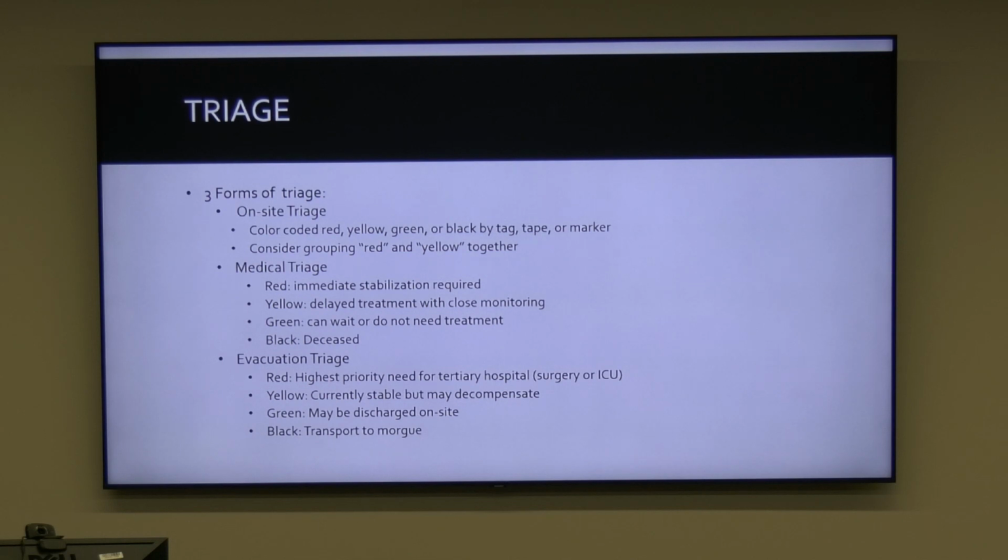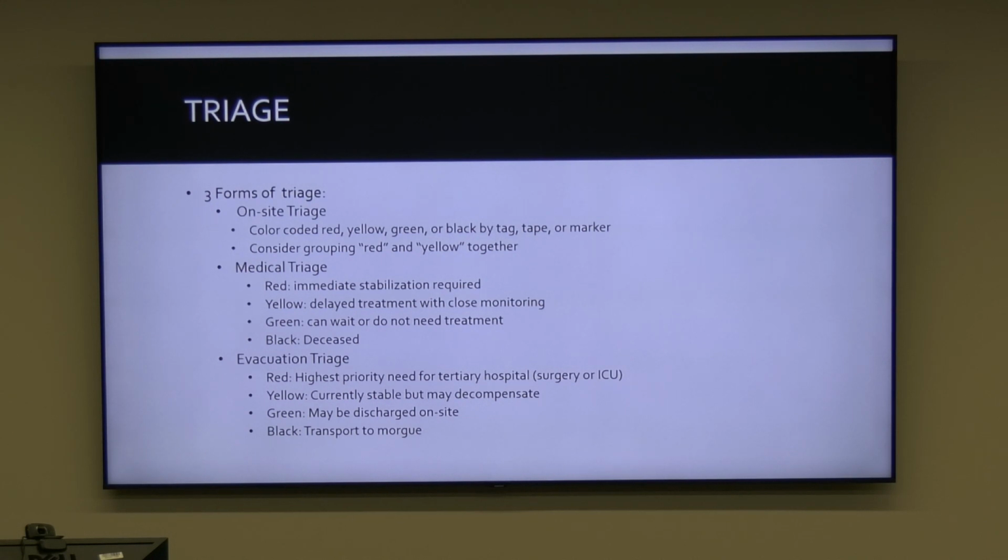Yellow is the next set of people. They are people that are currently stable, but they may decompensate. After all the people tagged as red have been transported, they are the next people to be considered for transportation. And then green are the people that are discharged on site.